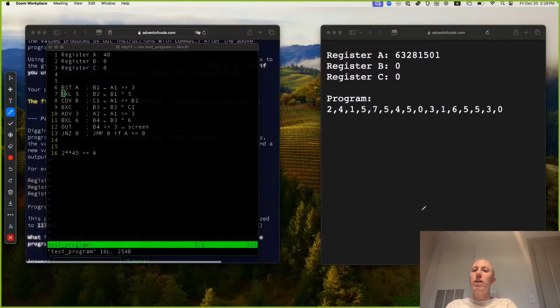We know B4 we do want to be less than or equal to 10111.